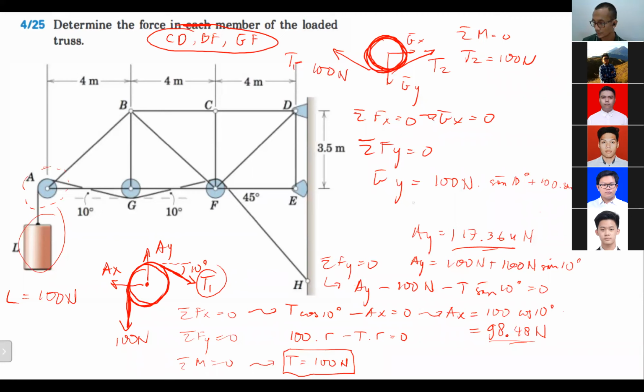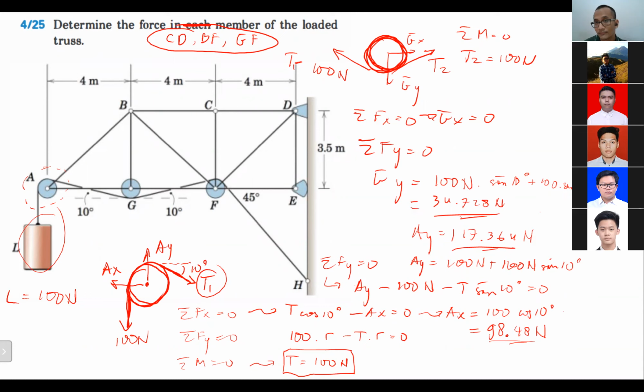So 2 times 100 Newton times sin 10 degrees, which is around 34.728 Newton. That's our GY.